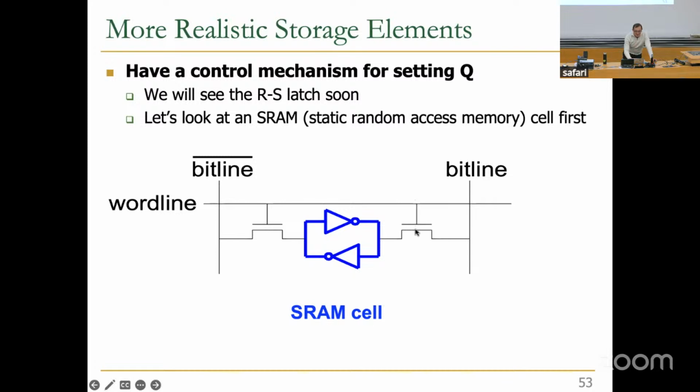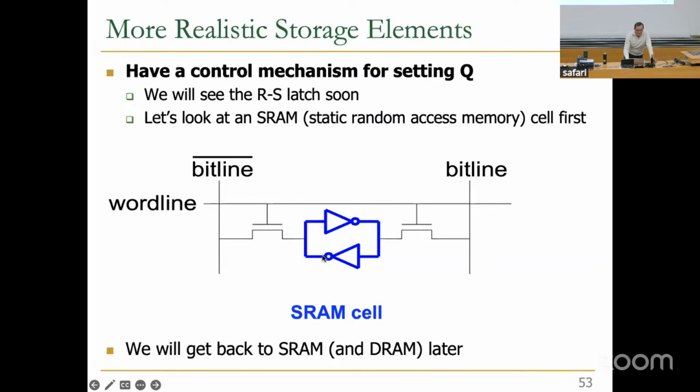But basically, by enabling and disabling these transistors, you can put a value in or out into that Q and Q bar. Okay? Don't worry about it. If you don't understand how this works right now, you can imagine how this works. This is the transistor that you enable or disable. We will get back to SRAM and DRAM later, at lecture 20 or so.